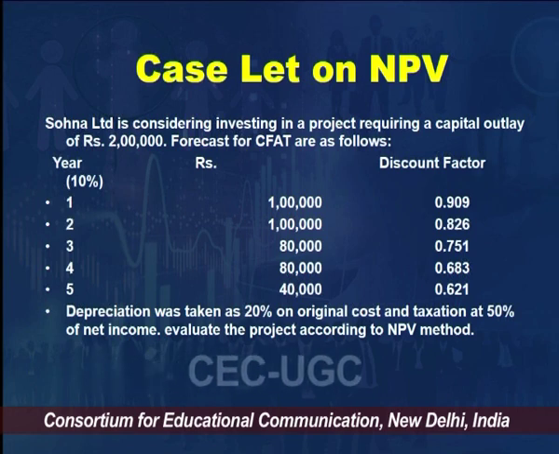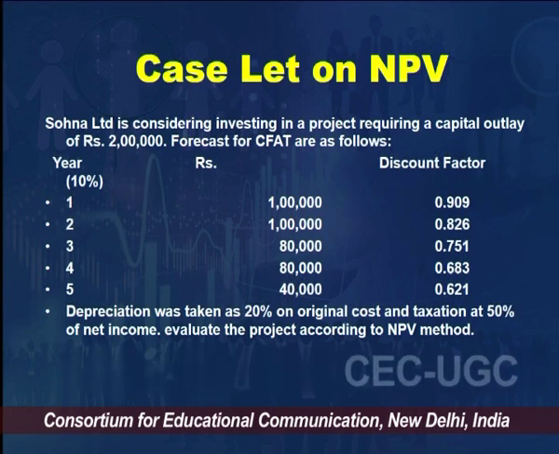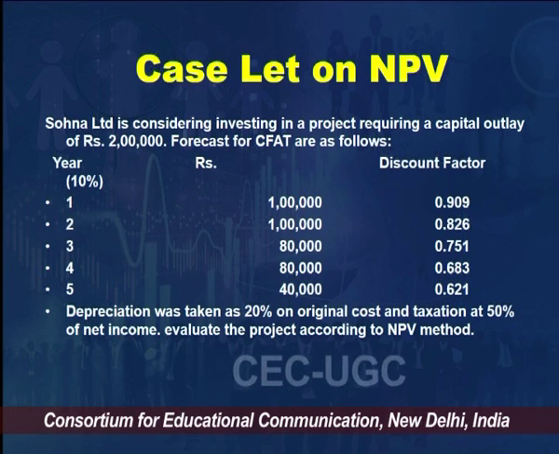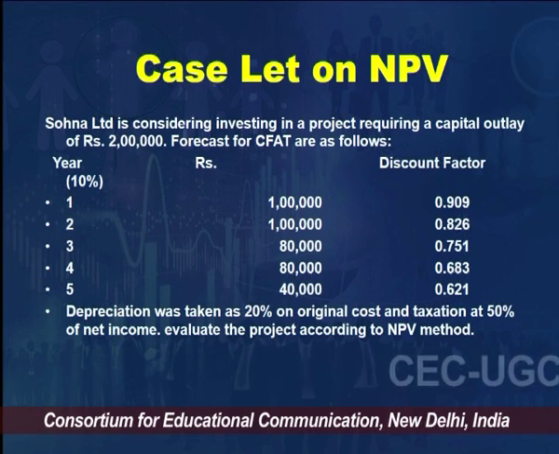Since the top of the table says the below are cash flows after tax and the initial outlay is 2 lakhs, the rate of tax and the rate of depreciation given to us are just to confuse us. So, it is a trick which has been played in this case.